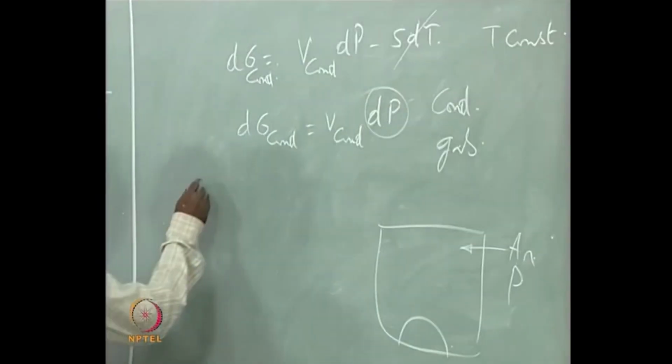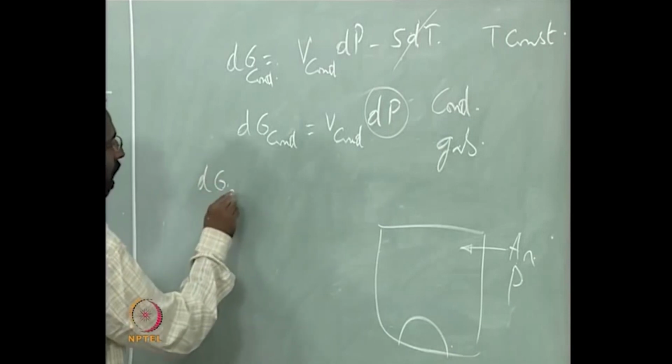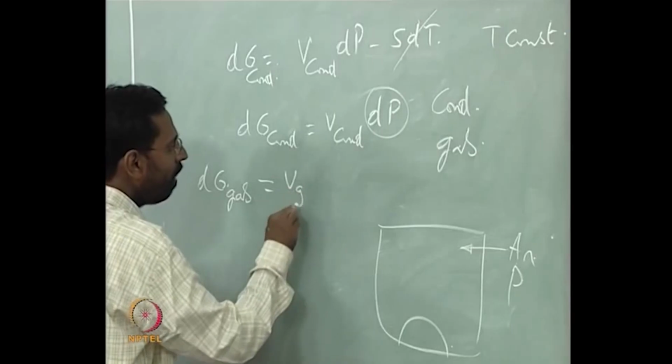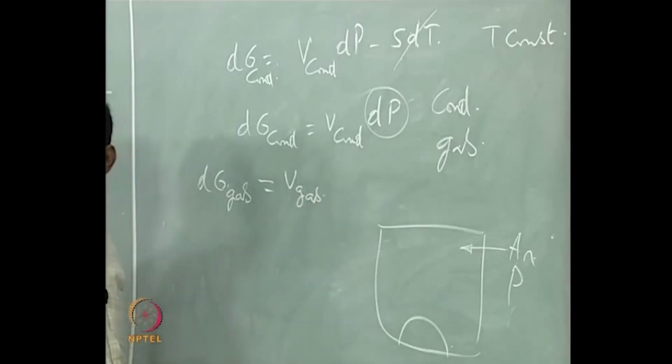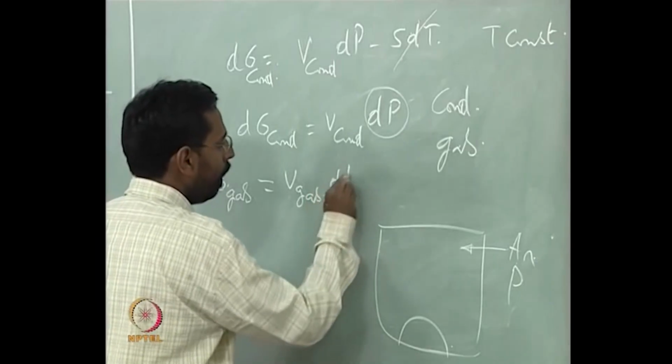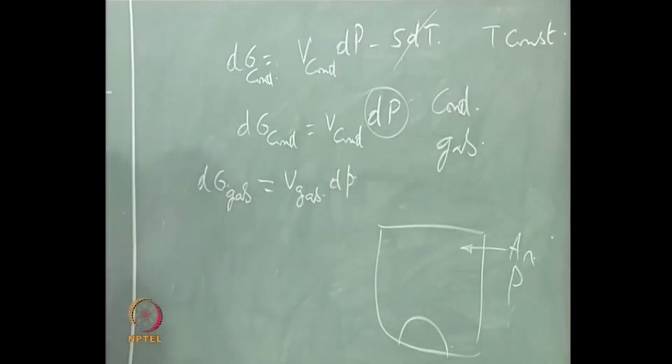Now if we do the same thing with the gaseous phase, V of the gas multiplied by dp. Am I right? In principle we can write this expression that way, and in such a case we can equate both of them.